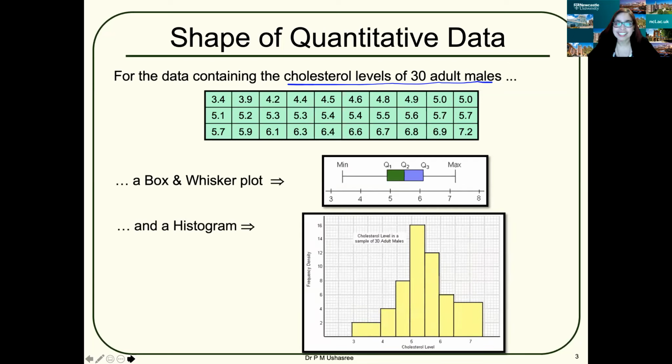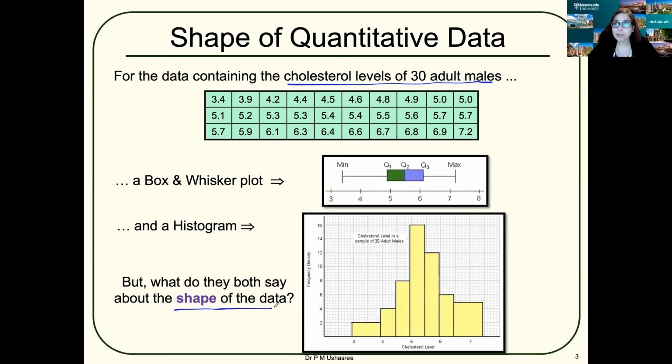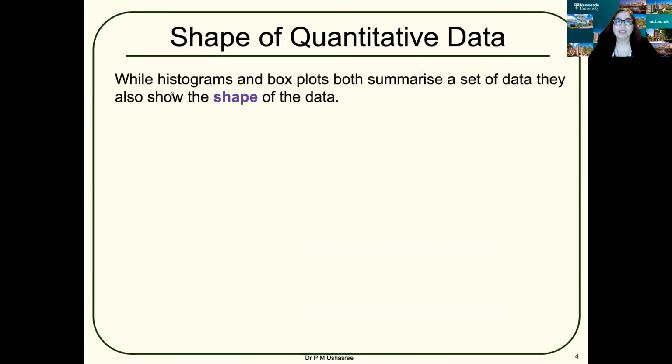But what do they both say about the shape of the data? While a histogram and box plot both summarize a set of data, they also show us the shape of the data, how the data is spread.